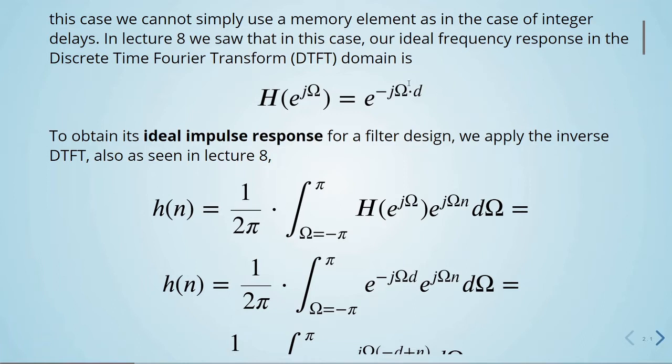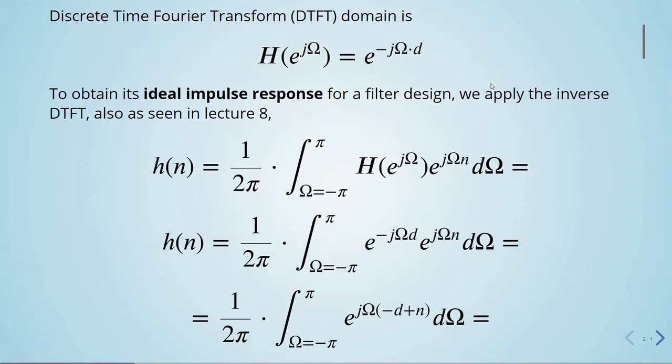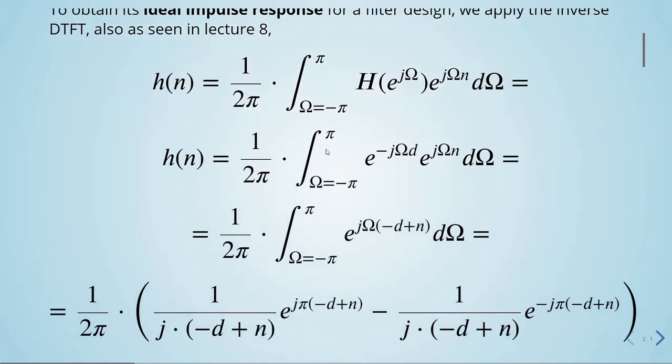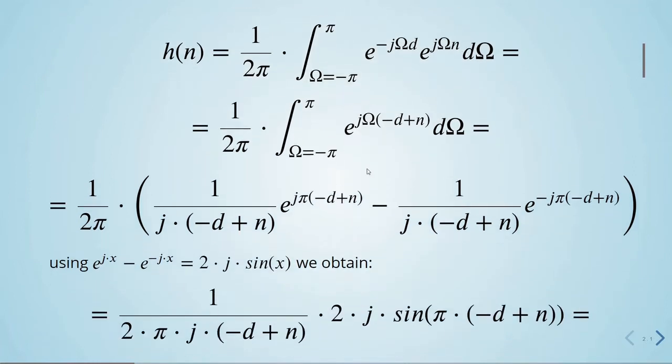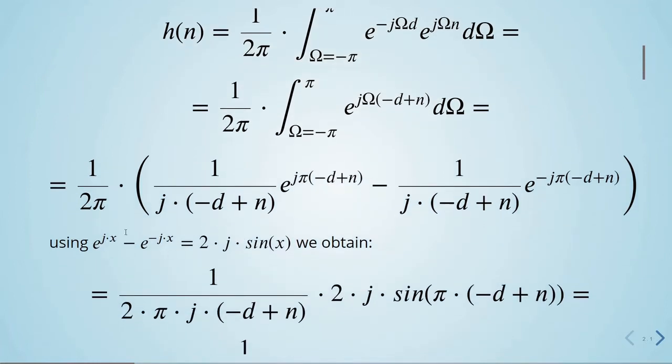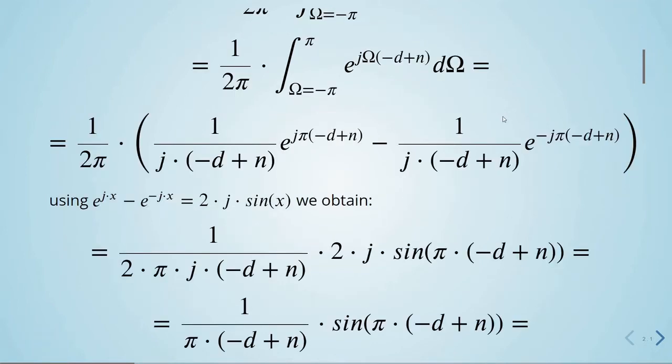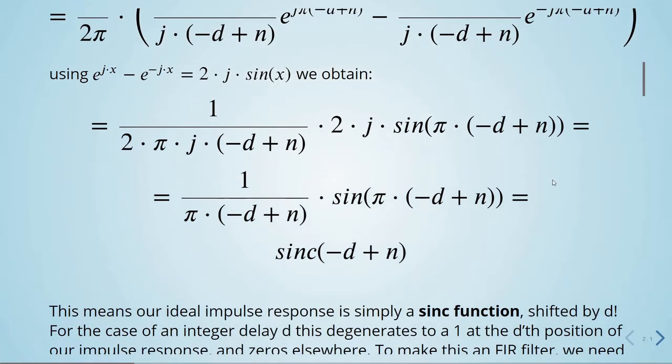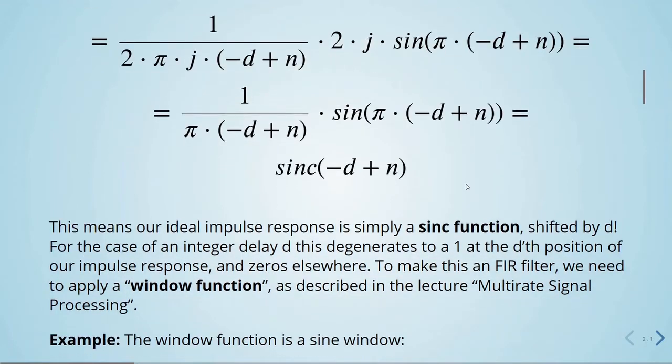After all these mathematical manipulations, and using these exponential and trigonometry properties, we find out that the ideal impulse response is a sinc function shifted by d. So for the case of an integer delay d, this degenerates to a 1 at the d-th position of our impulse response and zeros elsewhere.